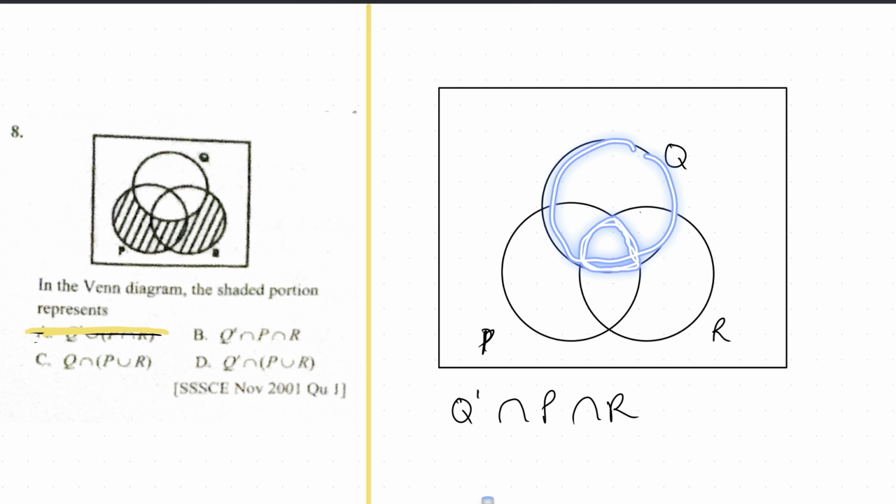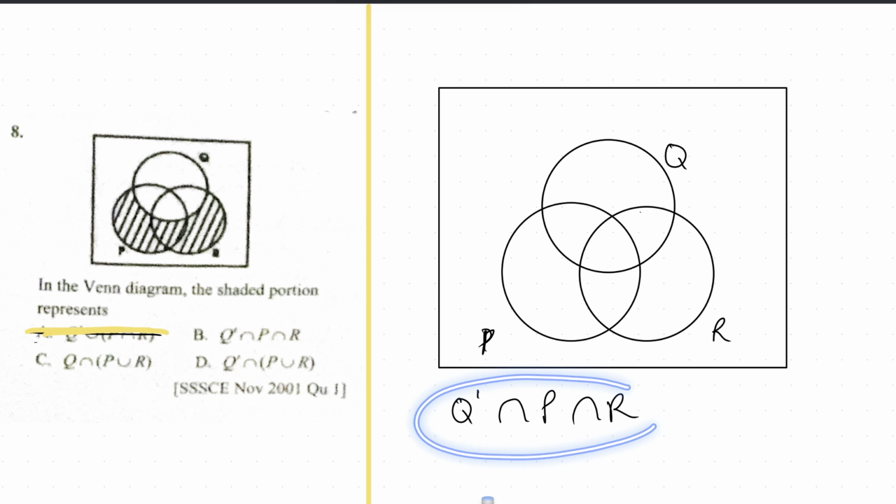So this portion cannot be part of it. That means it will have to be somewhere here, right? But here we don't have anything shaded. And also this side falls into Q, which is not a part of Q complement. So this will not work. That also is out.